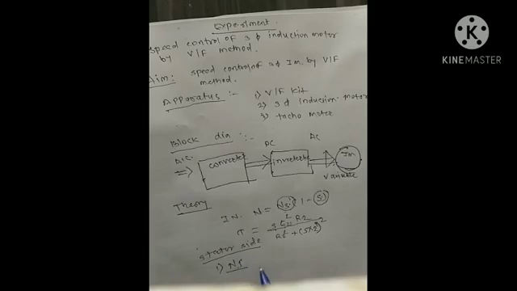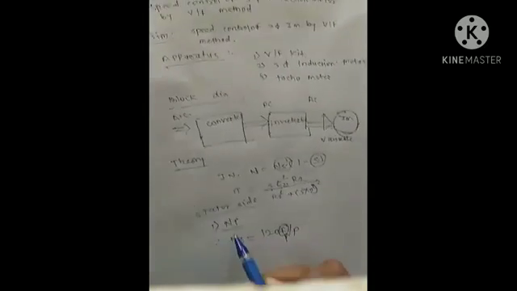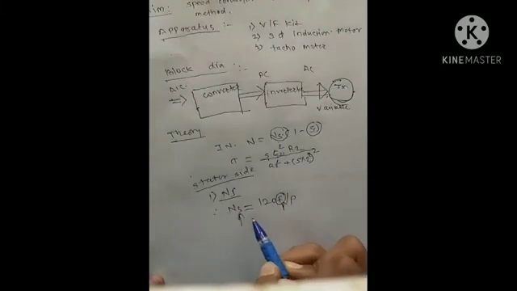We have to control only Ns. Therefore Ns equals 120f upon P. This is called the V by F control method. It means we control only frequency here. By changing the frequency, we control the speed.